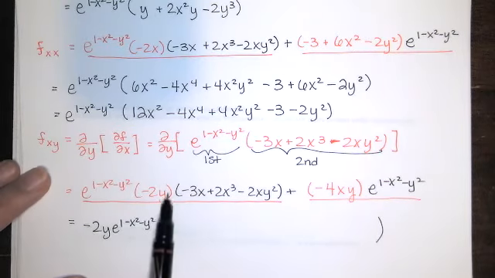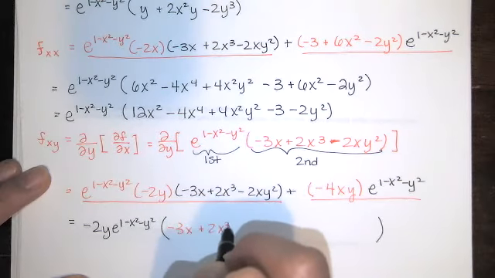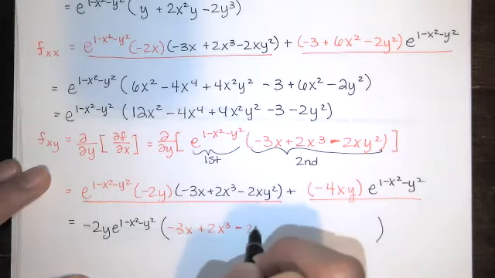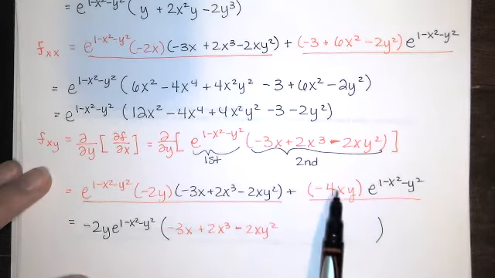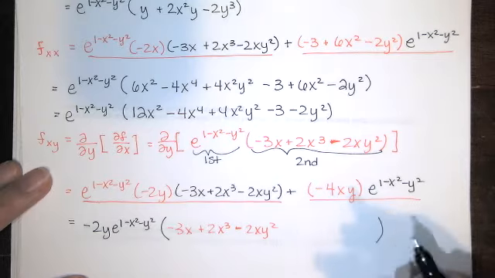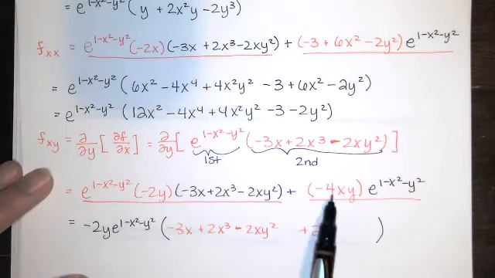Well, I took that out and that out. So what's left over is all of that. And over here, I took that out and I took out a 2y, so I'm left with a negative 2x. Oh wait, I took the negative out as well, so I'm actually left with a positive 2x. 2x times the negative 2y would give me the negative 4xy.